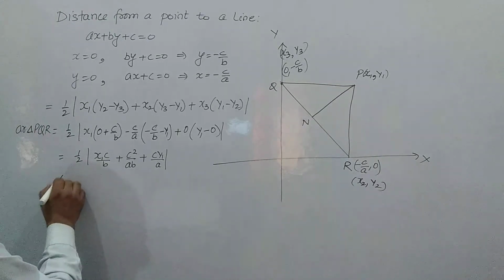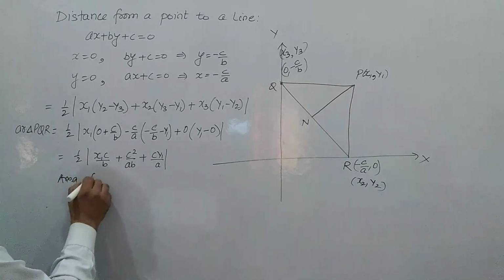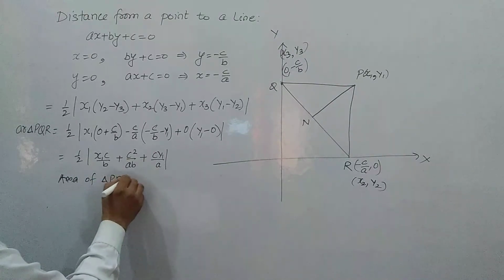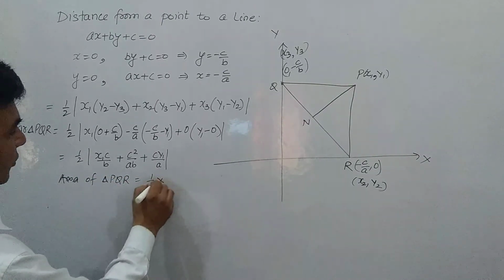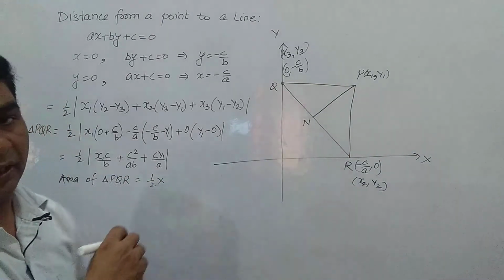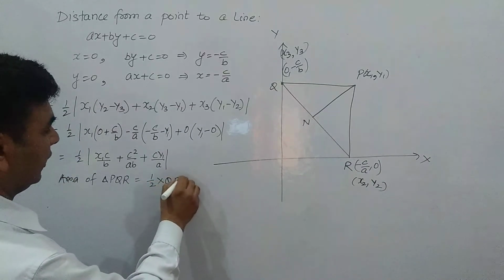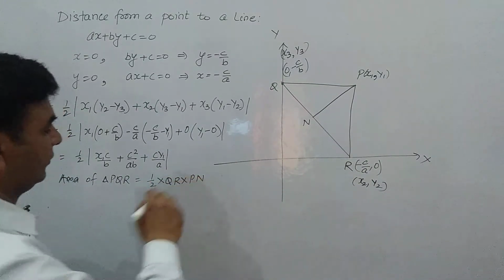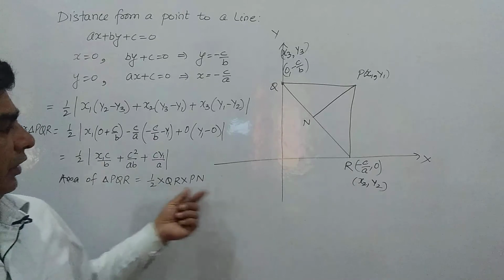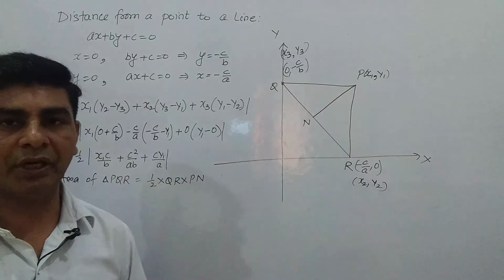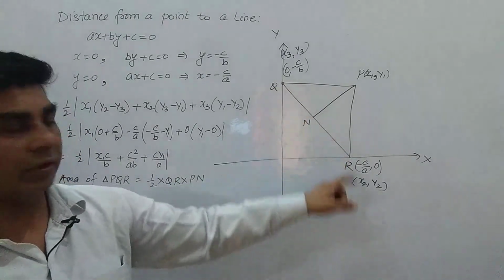Now we will find the area of triangle PQR through the formula half into base into altitude. The base is QR, multiplied by altitude PN. So first of all we need the value of QR, and to find QR we will use the distance formula.